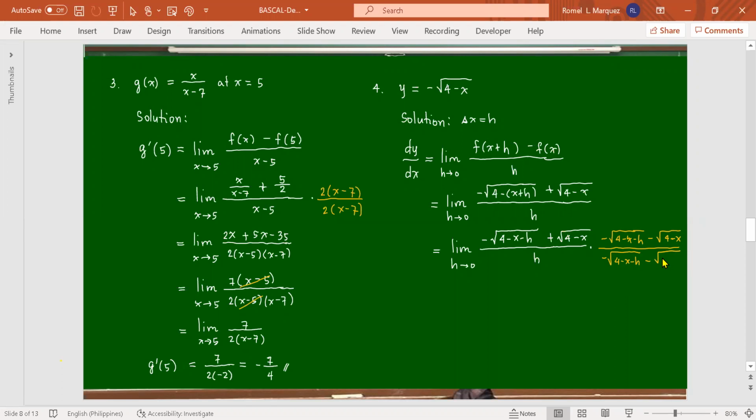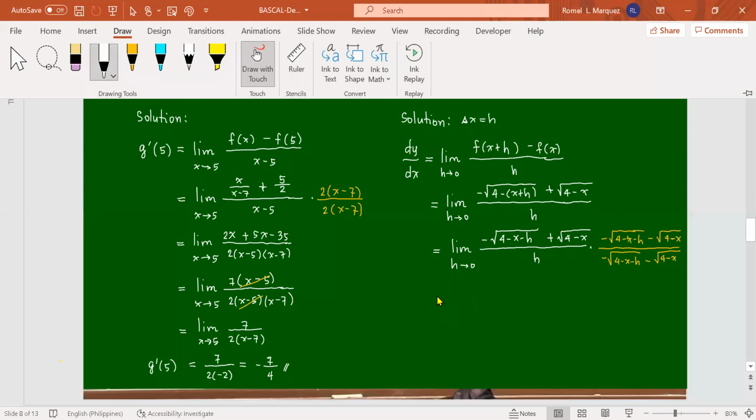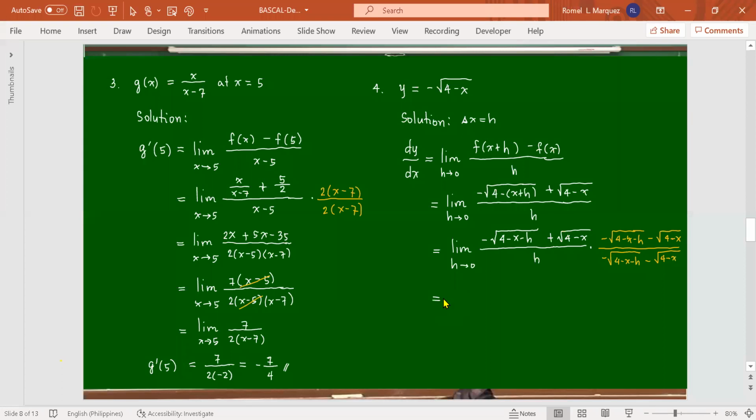Parang hindi kayo nanonood ng video o kaya hindi ninyo sinusunod yung pagtatanggal. Tinuruan ko na kayo how to remove greatest integer. Sa solution ninyo, nakalagay pa rin kung ano yung pinaglalagay ninyo. At saka hindi sinasubstitute ang infinity, ha? Sir, hindi ko naman po sinubstitute.